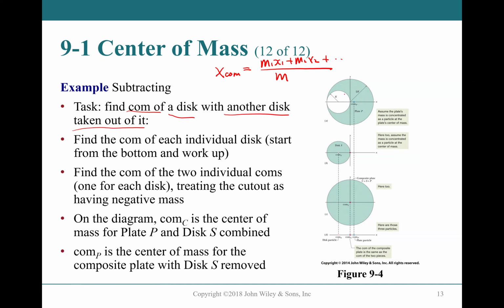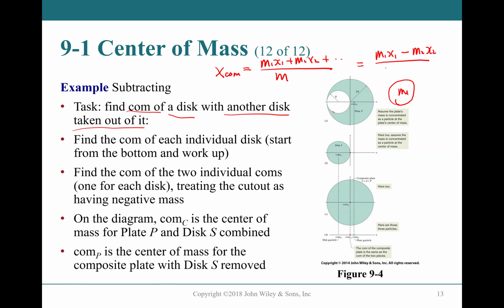For here, because we are taking out this part, we should do m1x1, where this whole bigger circle is m1. If we're taking out this small circle, we should do minus m2x2, because this part is blank, so we should do negative, okay?